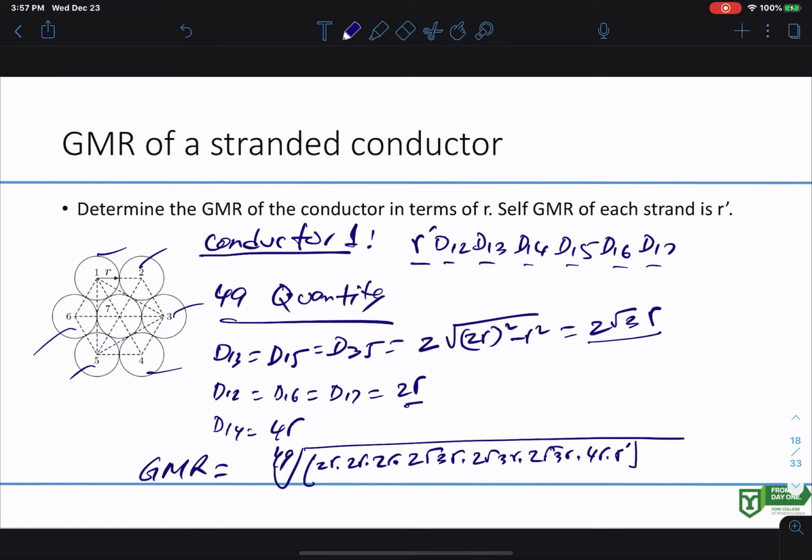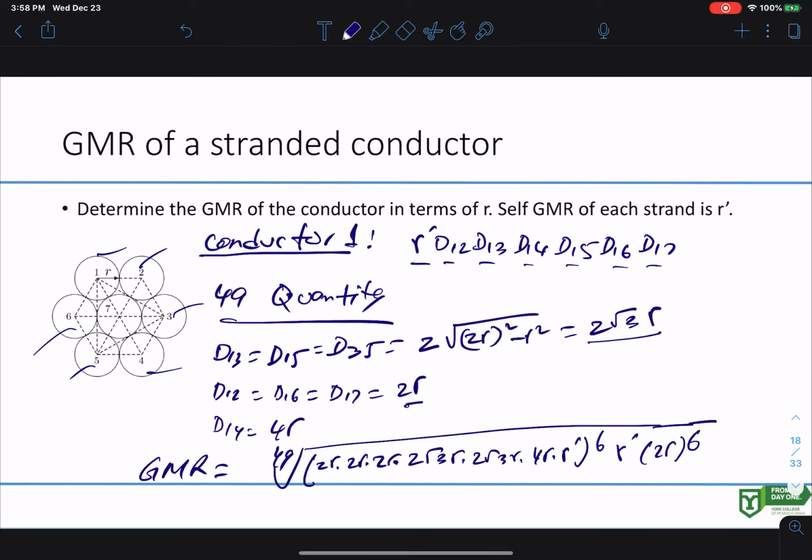So I have 7 distances there. Sorry, there are 2 of them here, not 3. So that is 4r, r prime, 6. Then for the middle one, 7, all other distances are 2r. So you have r prime and 2r, 6 of them.